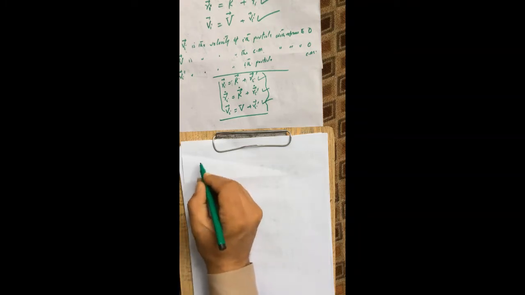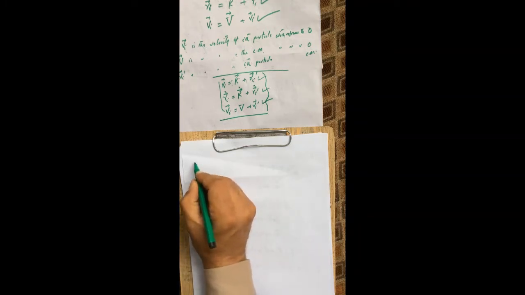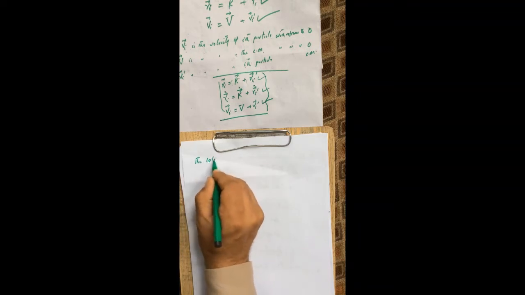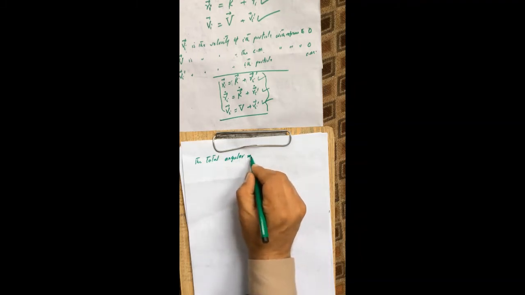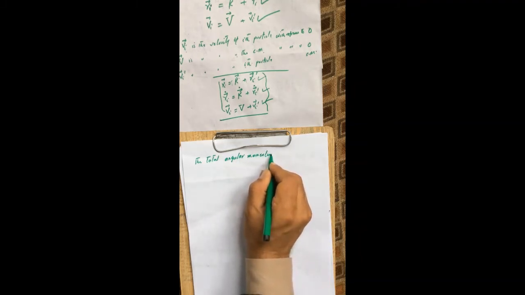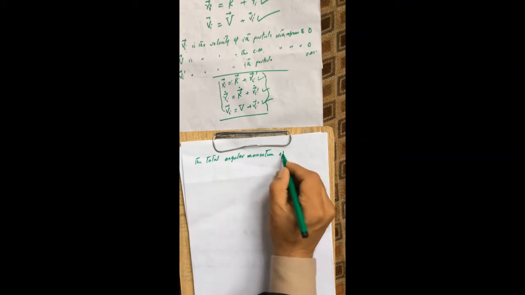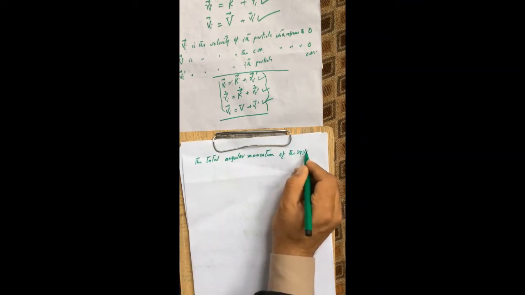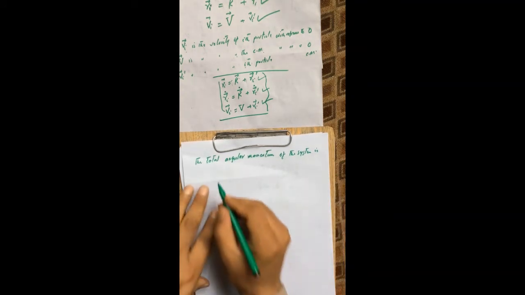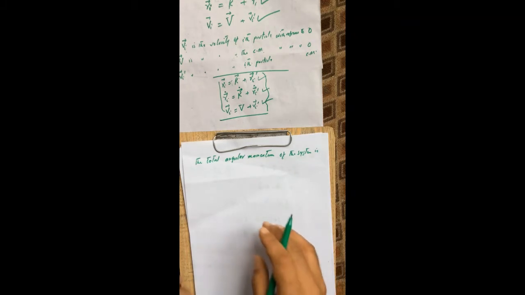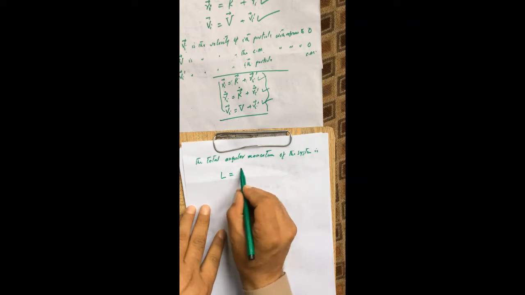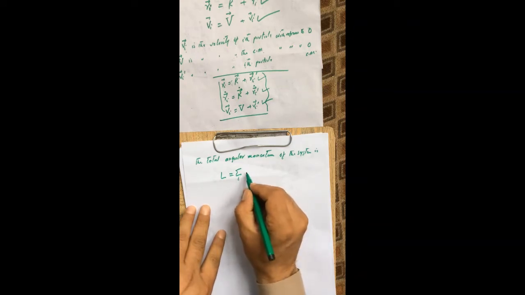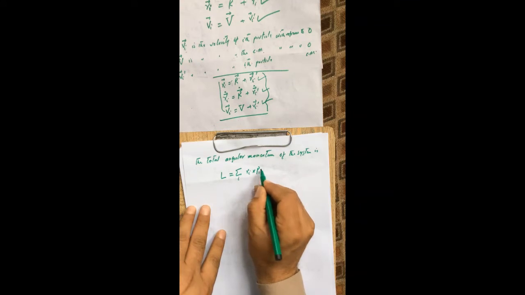Now the total angular momentum of the system can be written as the vector sum of the angular momentum of the individual particles. So the total angular momentum will be equal to the sum over i of Ri cross Pi.